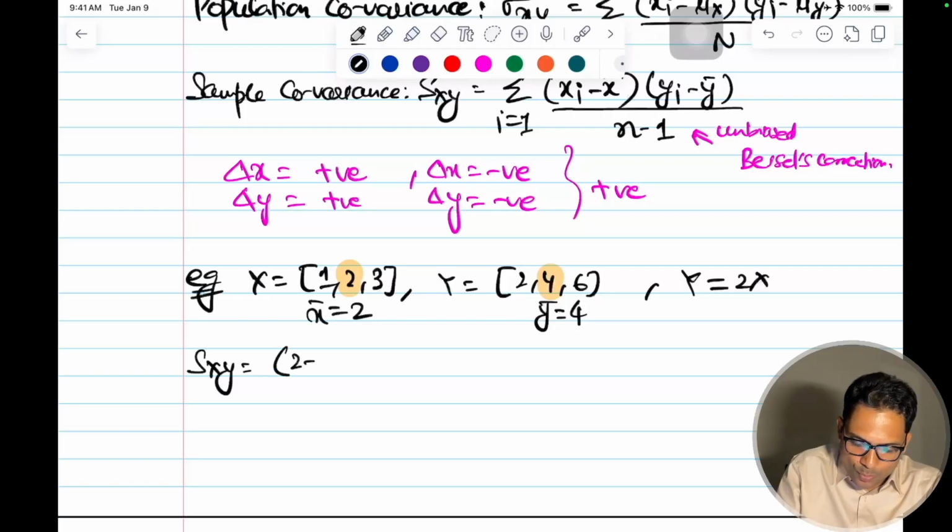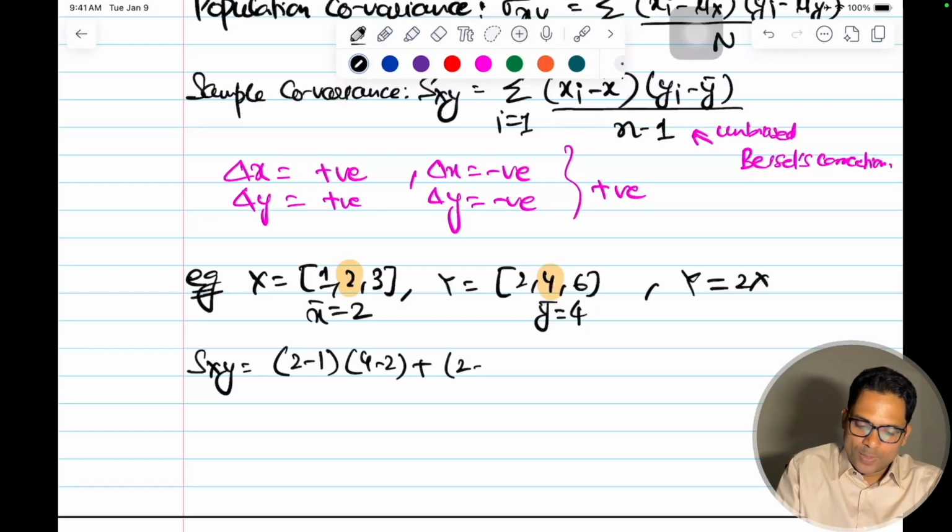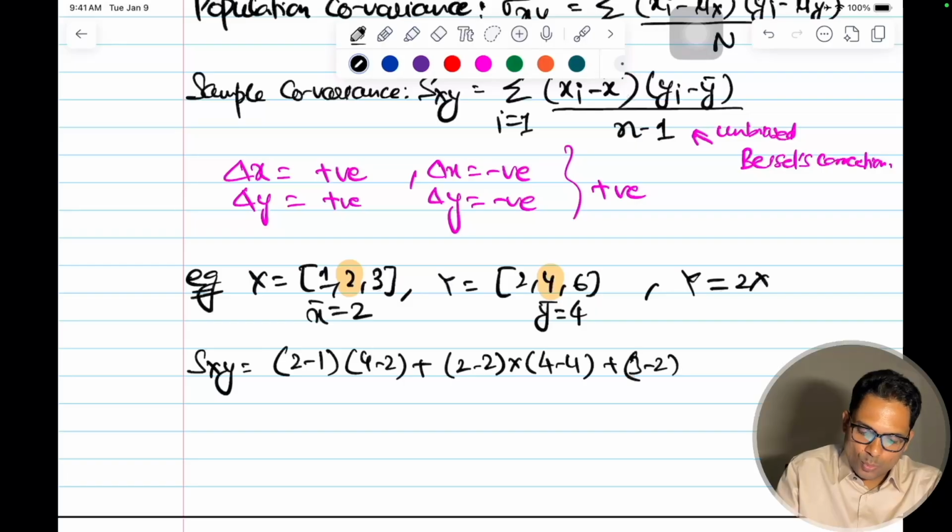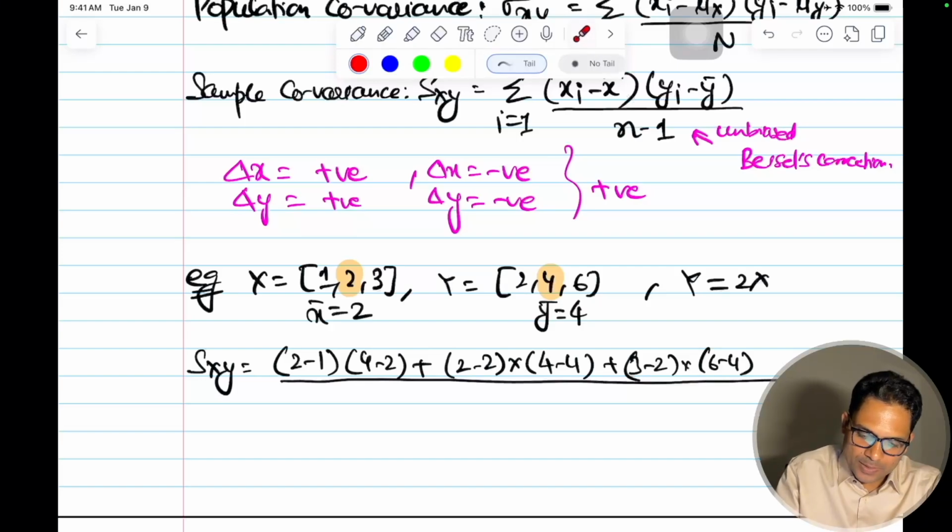So this will be 1 minus 2 into 2 minus 4, plus 2 minus 2 into 4 minus 4, plus 3 minus 2 into 6 minus 4, divided by the number of samples. N is 3, but we'll use an unbiased estimate, so it's 3 minus 1, which is 2.